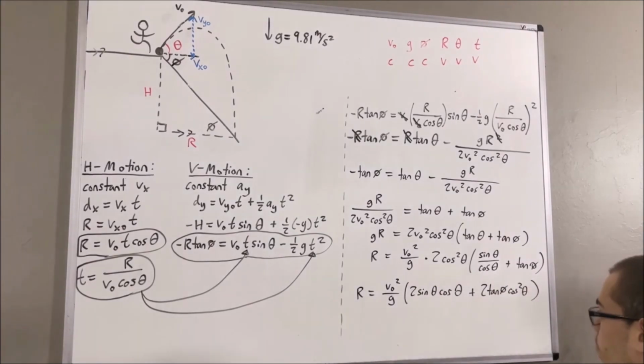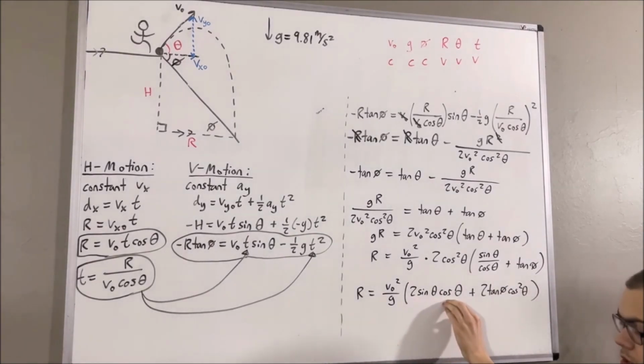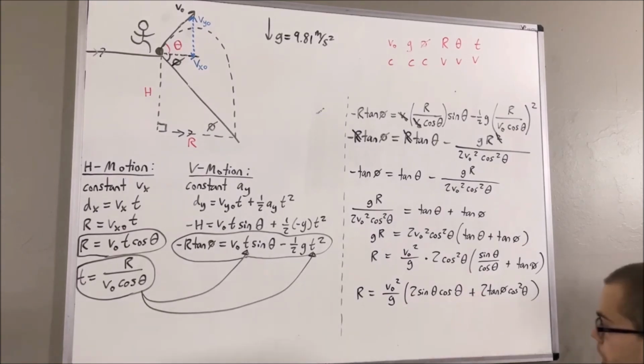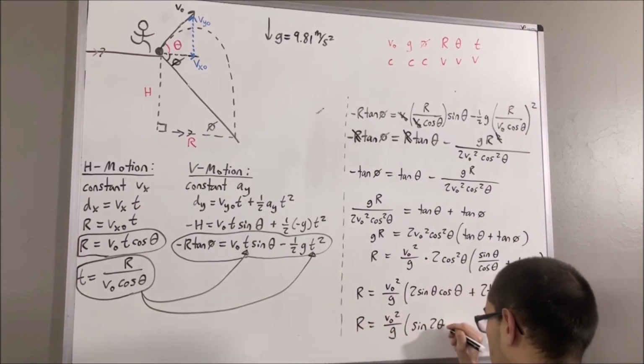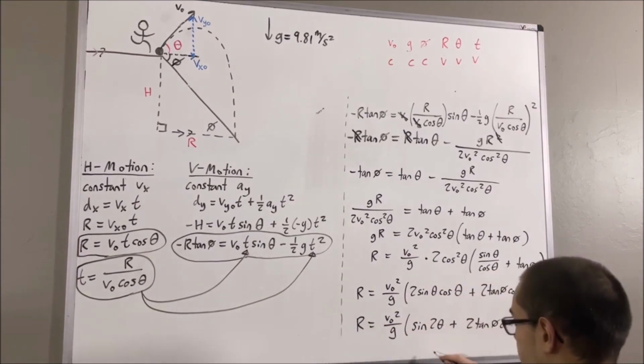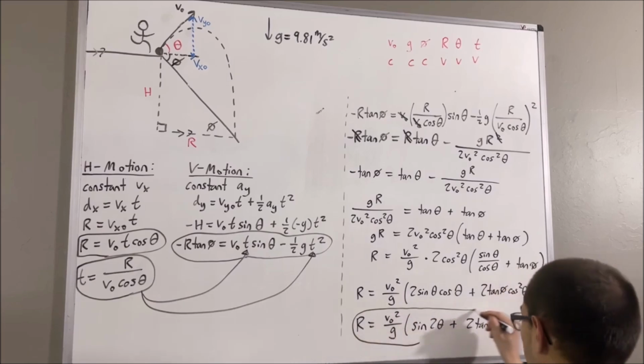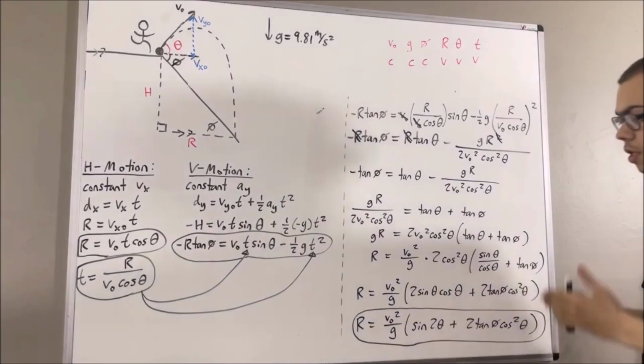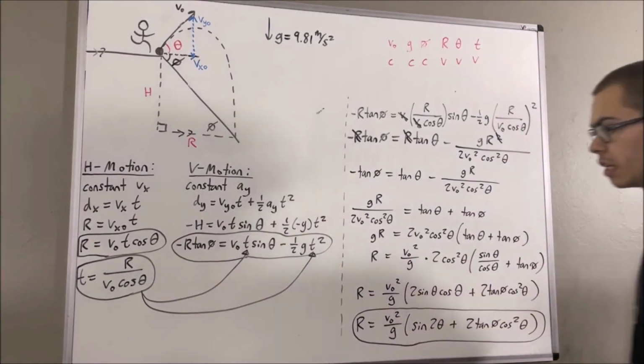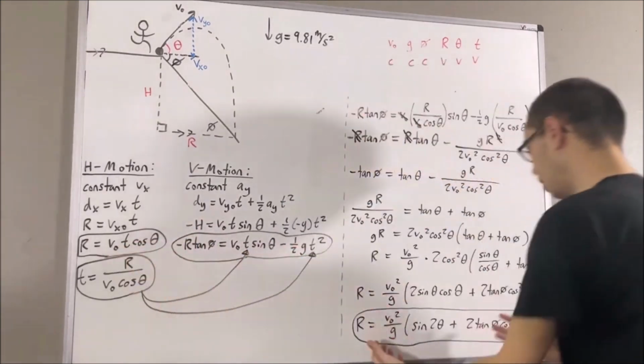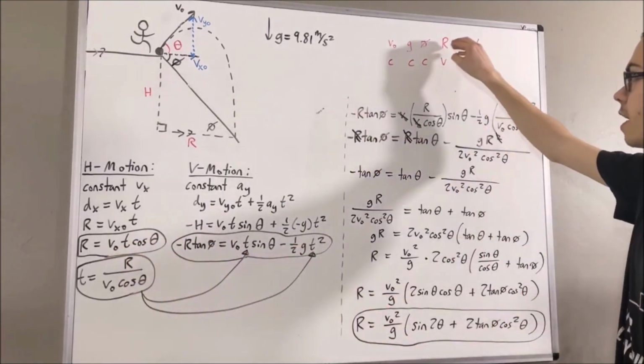So when we distribute this across, we get this. But actually, 2 sine theta cosine theta is a trig identity. It's the trig identity for sine of 2 theta. And so this is what we end up with. And so at this point, we have combined these 2 equations into a single equation which relates r and theta.